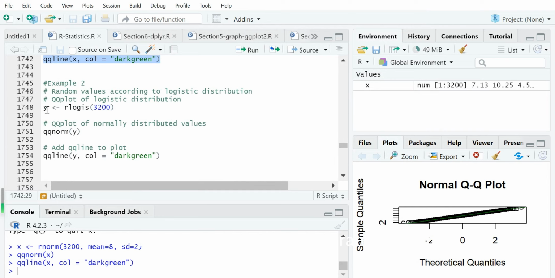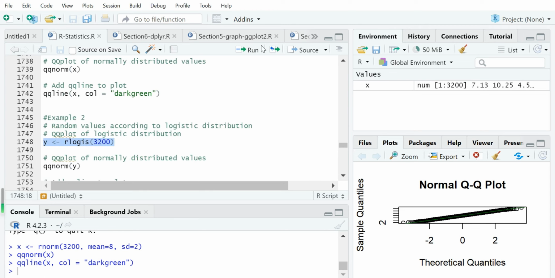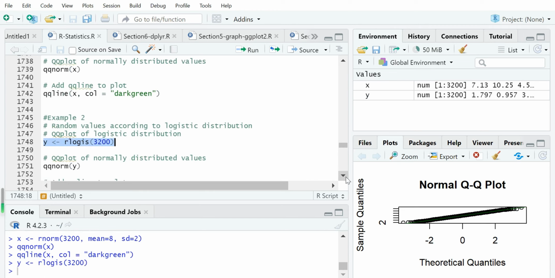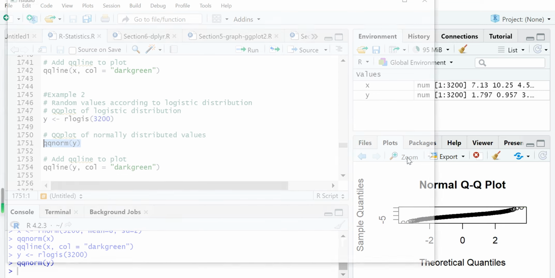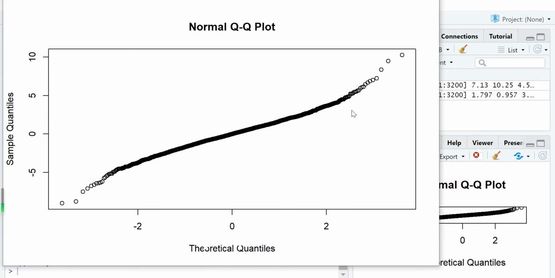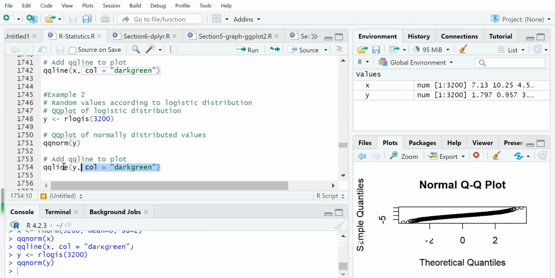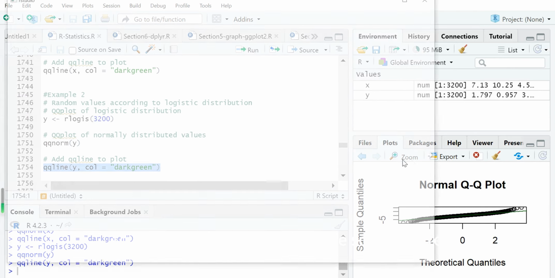In the second example, we draw a random sample not from a normal distribution but from a logistic distribution. If we plot a Quantile-Quantile plot, you can see it is not like a straight line, right? We can use qqline to make it easier to compare with a straight line.